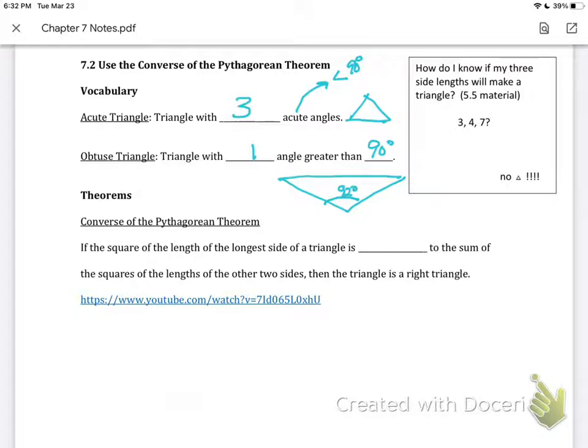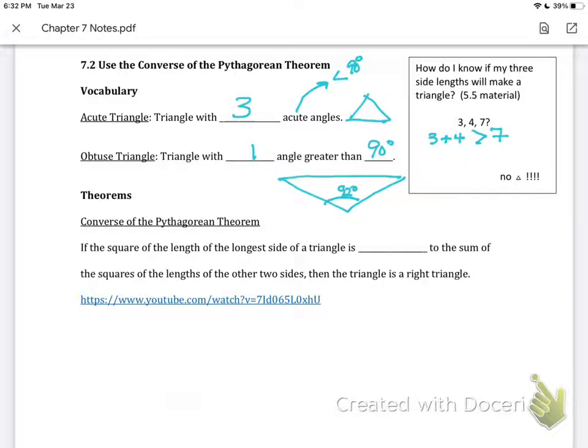Okay, in this little box to the right, it says, how do I know if my three side lengths will make a triangle? So this is the 5.5 material. So remember what we had to do was say any two sides added together has to be greater than the third side.